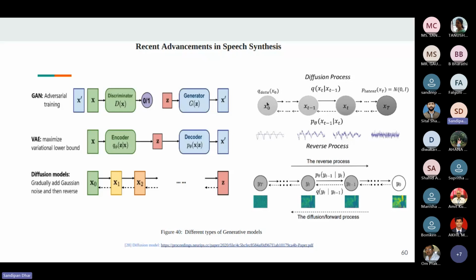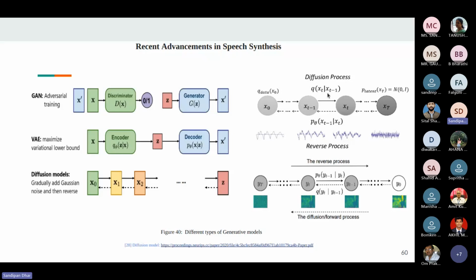Based on the time instant t, it follows a Markov chain, with which it tries to estimate the future state's Gaussian representation of X naught. That is, the probability of xt given xt minus 1: given the previous information, what will be the expected representation of the next state. That is how a Markov chain works.